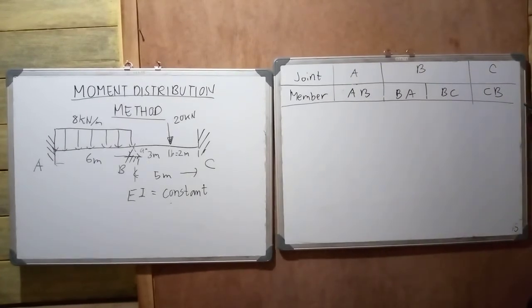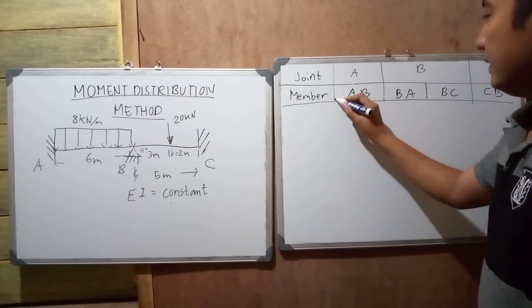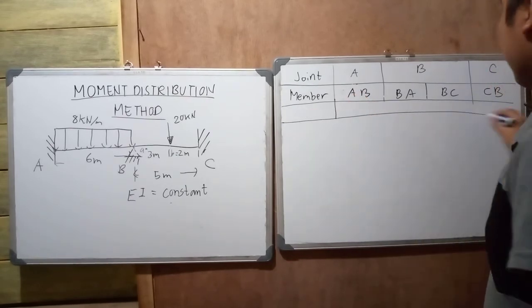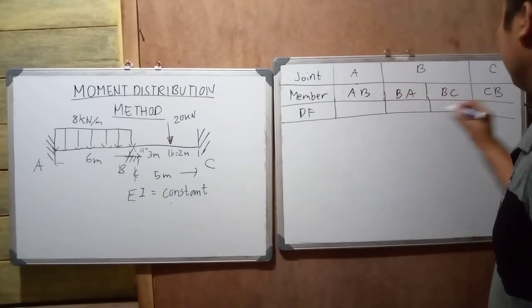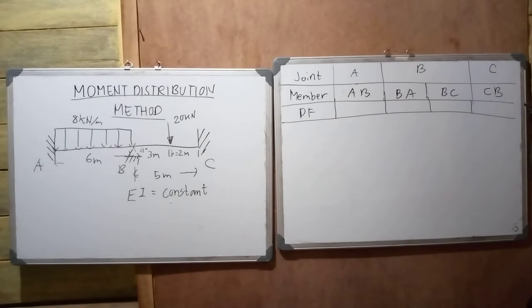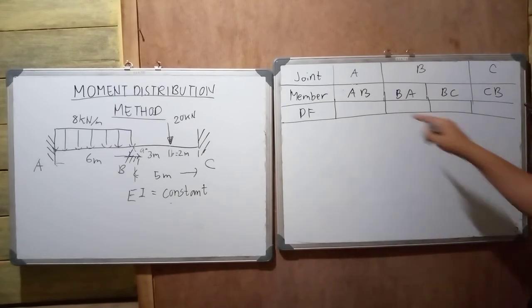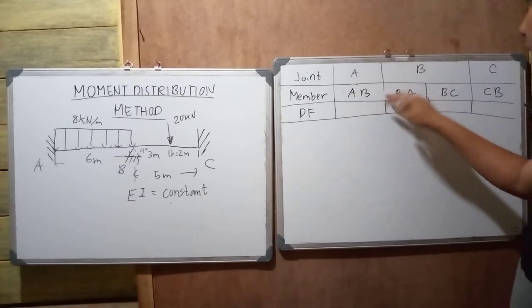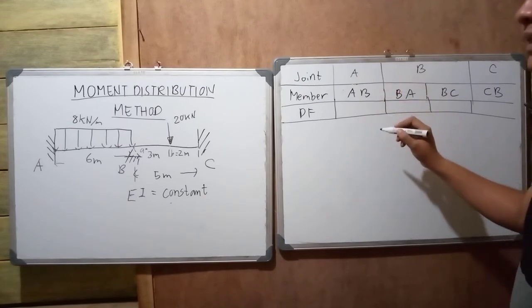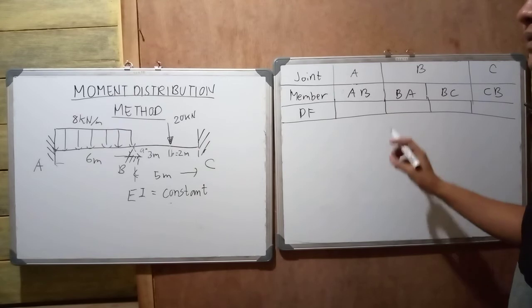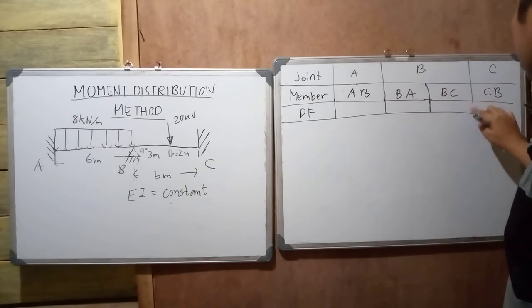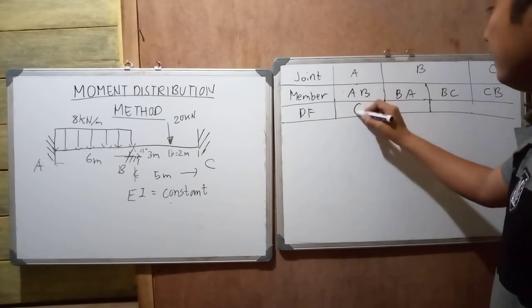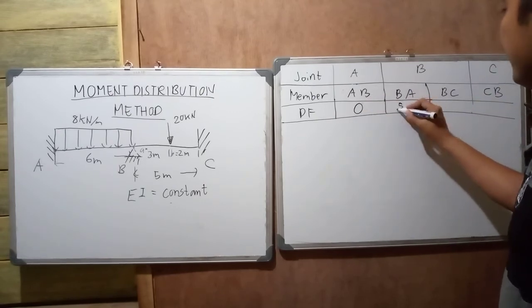Ano pa ba? So, the next thing is we put the distribution factor. Okay? Yan. Okay. So, natatandaan nyo pa ba yung distribution factor natin? So, yung distribution factor natin is, okay, dito is 0, ito is 5/11.